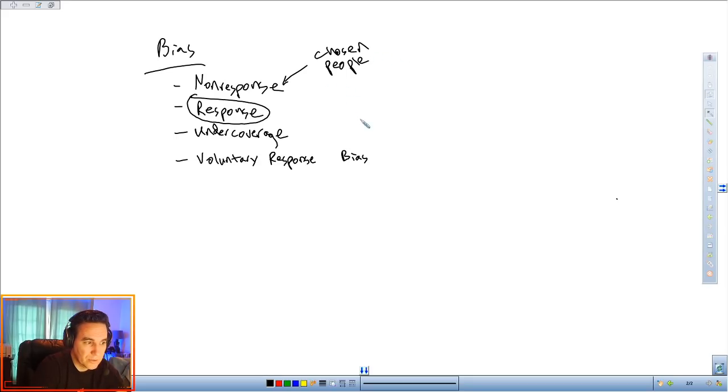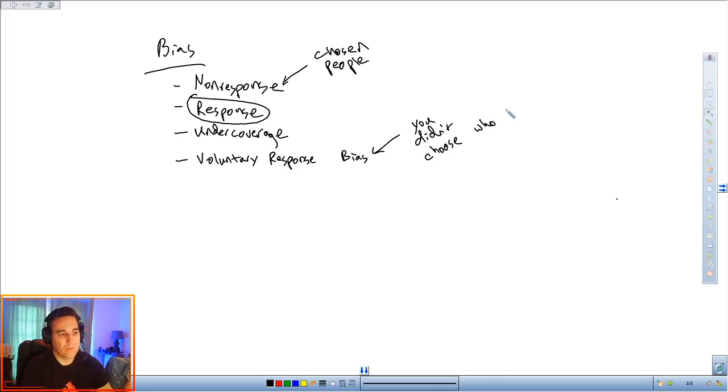Voluntary response is where you did not choose who got to do the sample. Anyone who wanted to could do it. That's voluntary response bias, and usually those are a little bit off toward the negative side. So we usually don't want to use those.